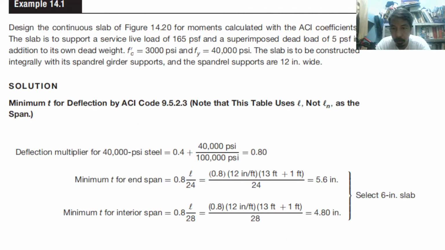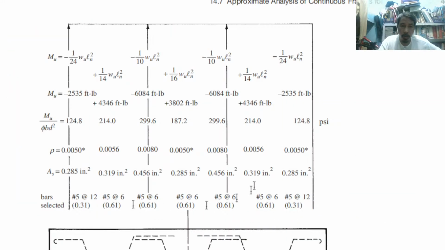So, this is actually the procedure for computation. First, use the coefficient. After coefficient, you can now calculate the moments. Then after the moments, calculate the resistance. After resistance, calculate the rho or the steel ratio. Then after the steel ratio, we can calculate the area of steel.